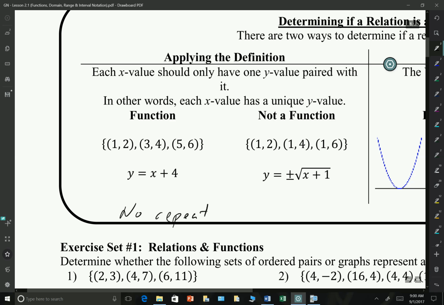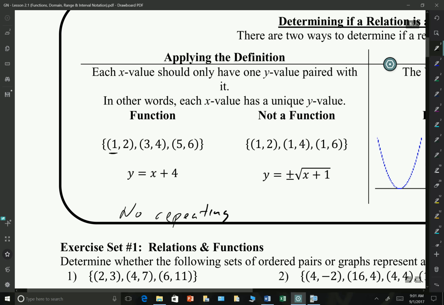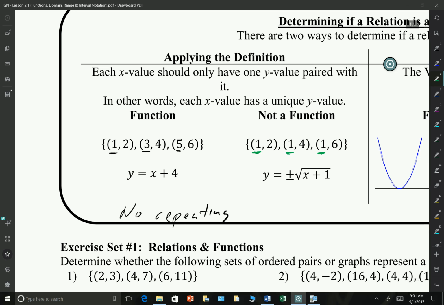So you have a list of what is a function: 1, 2, 3, 4, 5, 6, those ordered pairs. You notice the x's are not repeating. Each x is unique. But if I go to not a function, 1, 2, 1, 4, 1, 6, I have repeating x's, which means that x has more than one y attached to it. That's not a function.